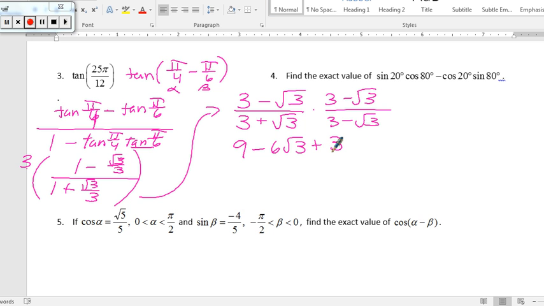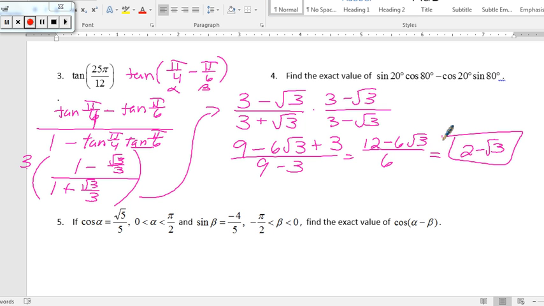Since they're conjugates, we do not need to look at the O and the I of the FOIL, so 3 times 3 is 9, and that's going to get us minus 3. Let's just combine up some terms here. 9 plus 3 will get us 12 minus 6 square roots of 3 all over 6, which will eventually simplify down to 2 minus the square root of 3.